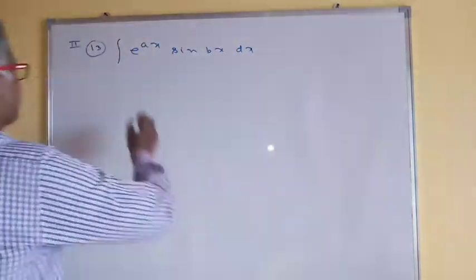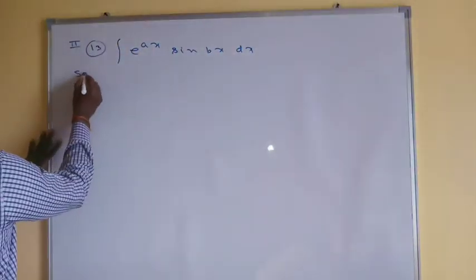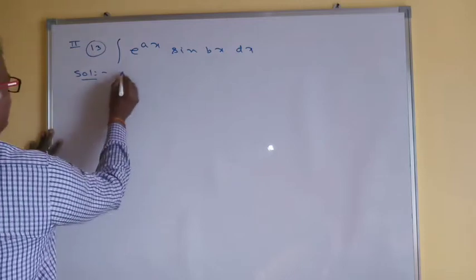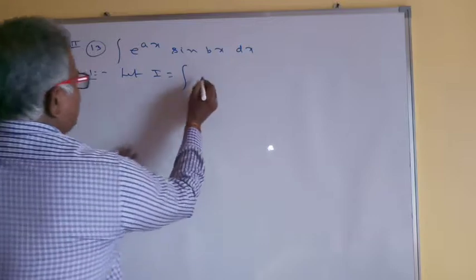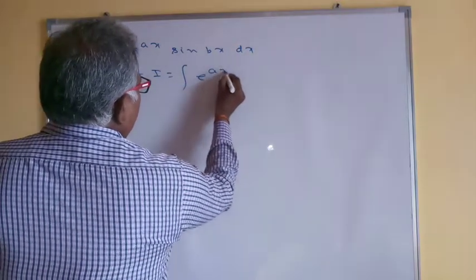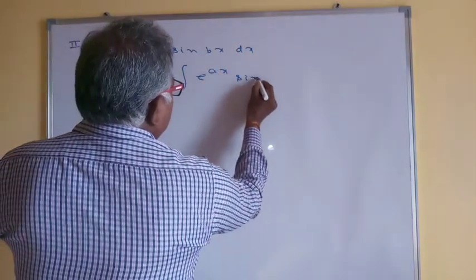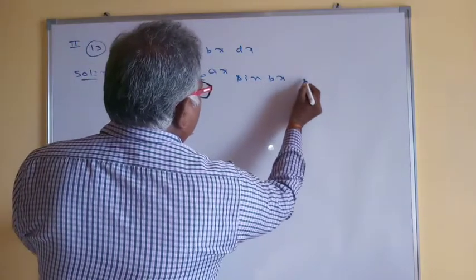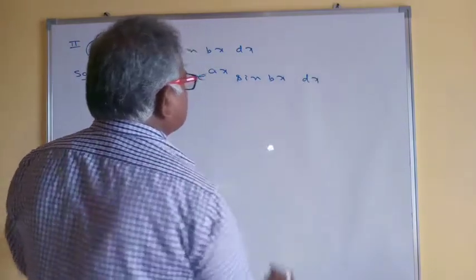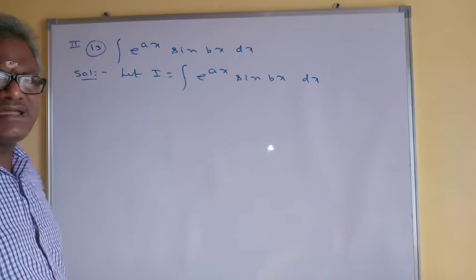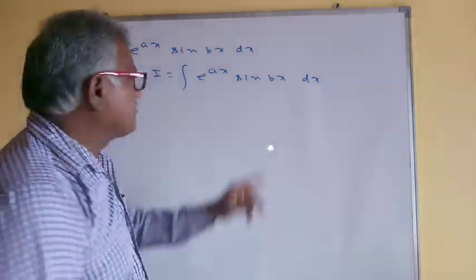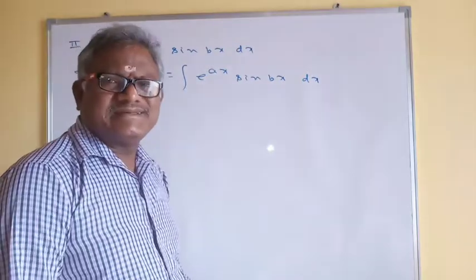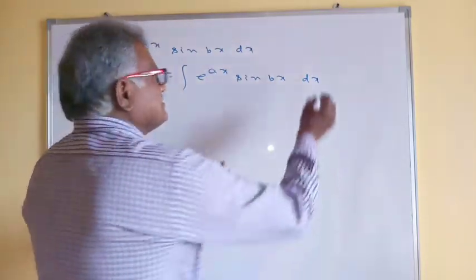Let I equal the integral of e power ax into sin bx dx. If you observe, this is an exponential function, whereas this is a trigonometric function.